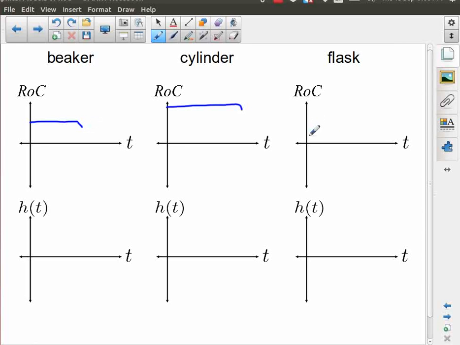The flask, on the other hand, the rate of change is going to be positive, but as the flask narrows, eventually the flask gets as narrow at the top as the cylinder, maybe even narrower. So the rate of change actually starts off quite low, and it increases the whole time until it reaches the very top, and then it levels out. And it doesn't have a lip at the top, so there's no fall off here when it gets wider.